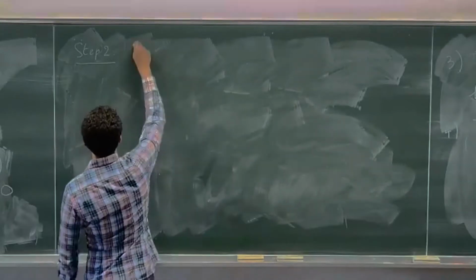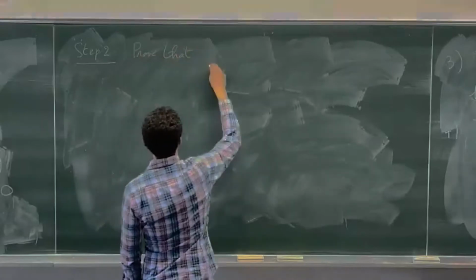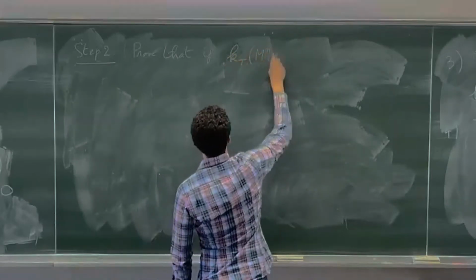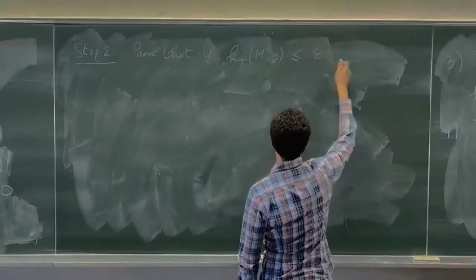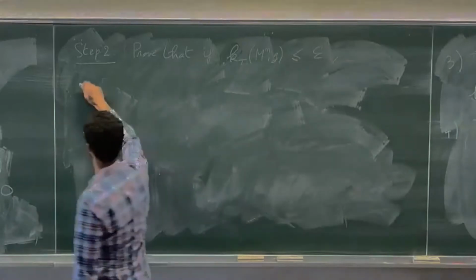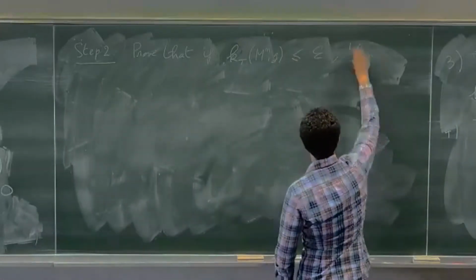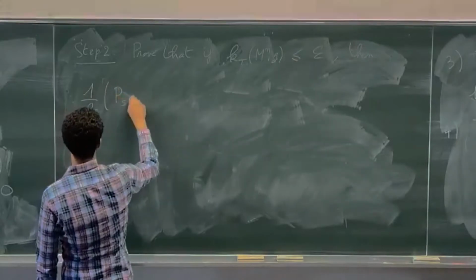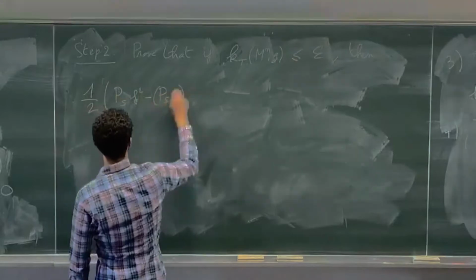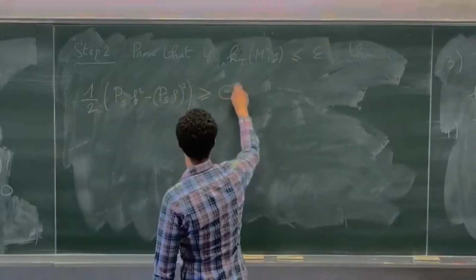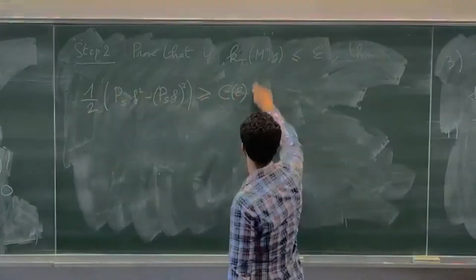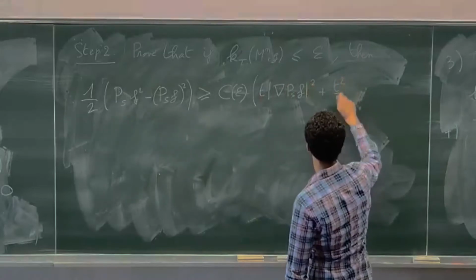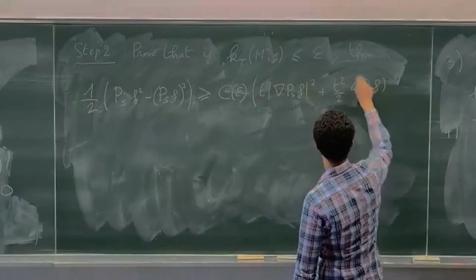Prove that if K_t of (M,g) is lower than epsilon, for epsilon small, then you have this inequality: one half of P_s(f)^2 minus P_s(f^2) is greater than some constant depending on epsilon times the gradient of P_s f squared plus an expression of (Delta P_s f)^2 divided by n.